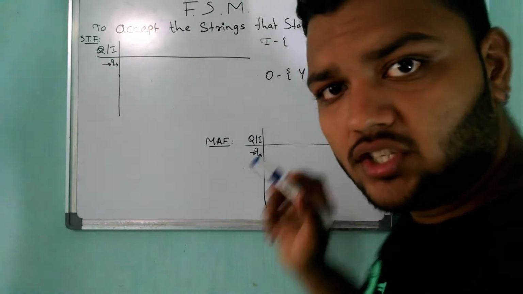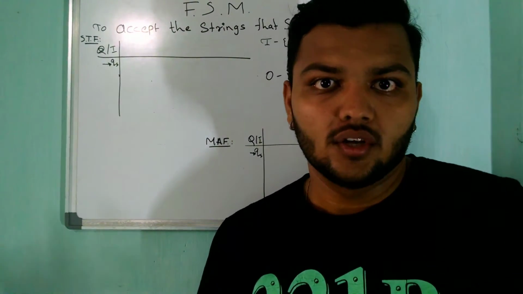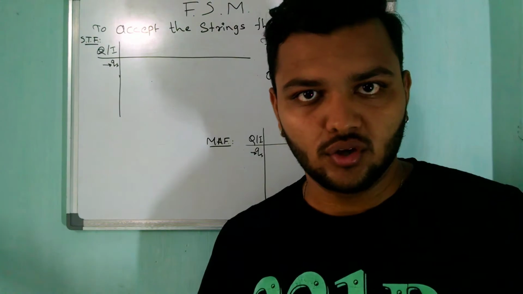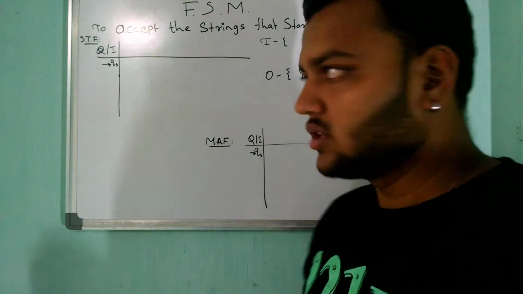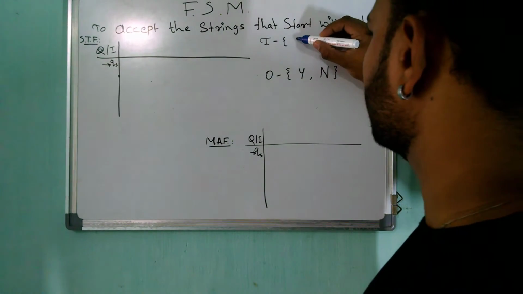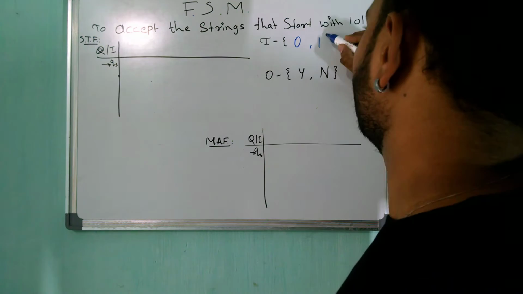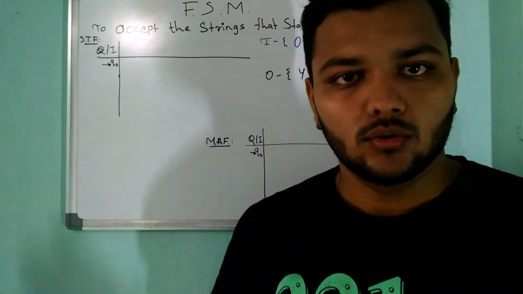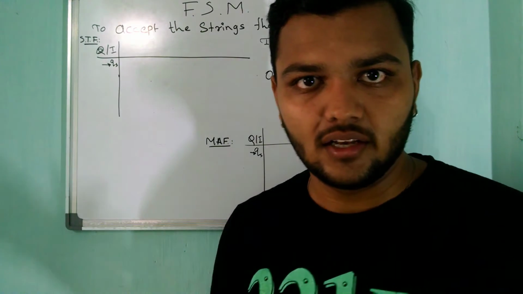It contains the digits 1, 0 and 1, and no other digits. So the input will be either 1 or 0. We'll write in the input section that input will be either 0 or 1.